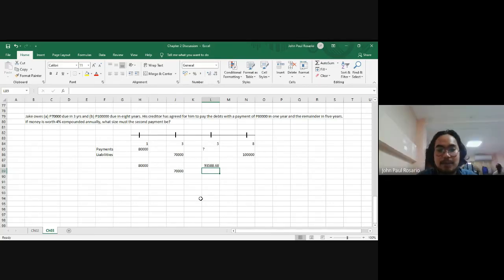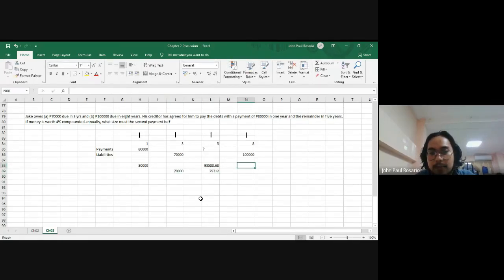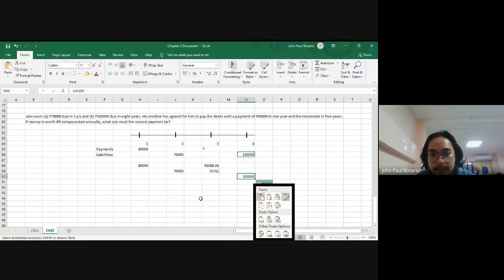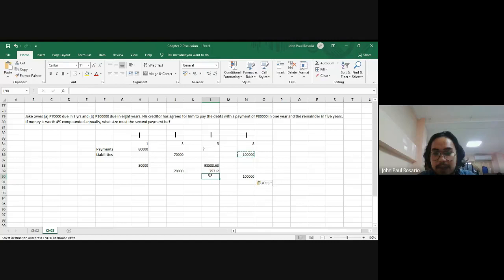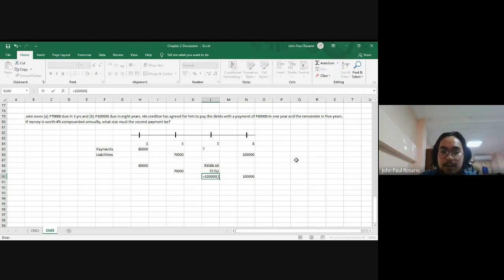So 70,000 times 1 plus 0.04 over 1 raised to the power of 1 times how many years? 2 years. And then our 100,000 is present value, so 1 plus 0.04 over 1 raised to the power of 1 times negative 3.